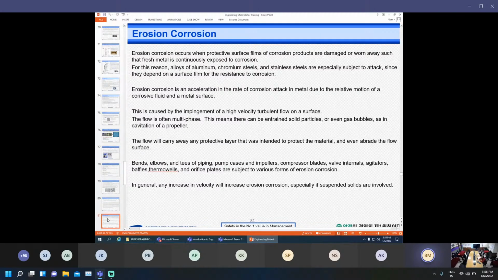Erode means it will take some material out from the surface. Okay, so how are you going to avoid the erosion? Avoid the elbow. Elbow means if the flow is taking a turn, there the chances of erosion are more. Okay, fine. This is simple.